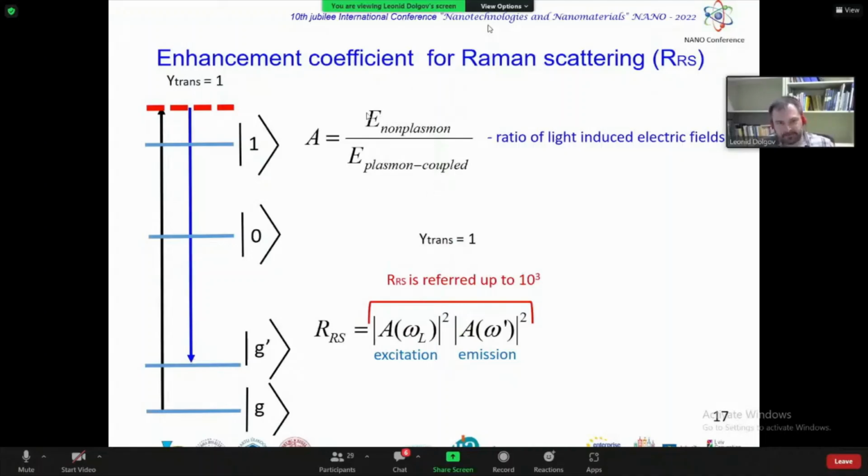Therefore, the enhancement coefficient is defined basically by the local fields: the local field of excitation and the local field of emission, each squared because intensity is proportional to electric field strength squared, and then multiplied because we have two processes together. Finally, these two coefficients in product give about 3 orders of enhancement.